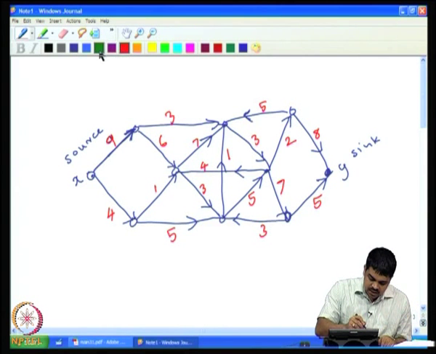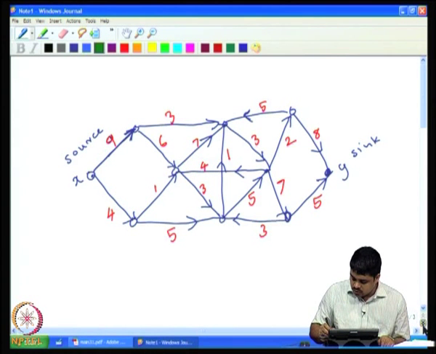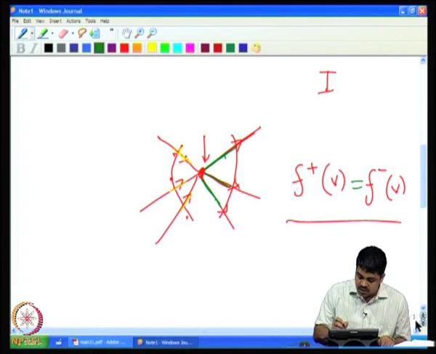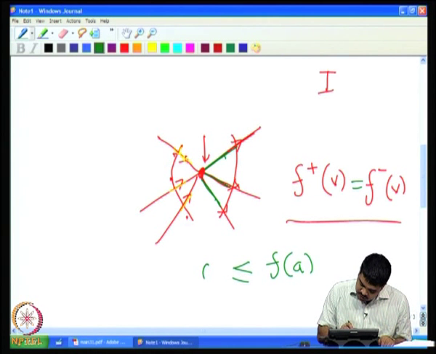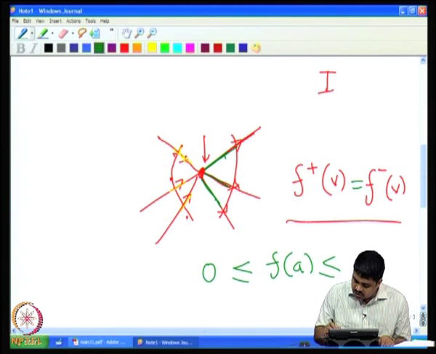So, for instance, I can define the flow here. We say that a flow is feasible if each flow value is such that for any arc, if A is an arc, an edge, it is greater than or equal to 0 and less than or equal to the capacity of that arc. Then it is a feasible flow.